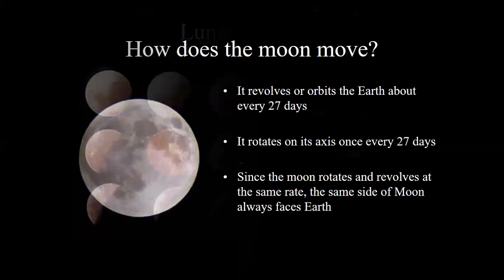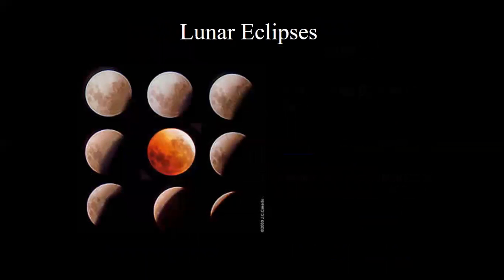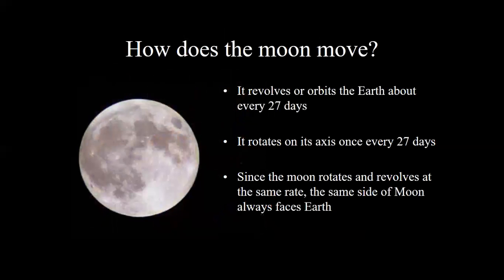How does the Moon move? We can see moon phases over the month, changing from full moon to new moon. The moon revolves or orbits the Earth about every 27 days. That is the time the moon takes to go around the Earth.